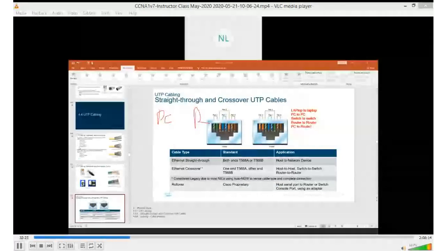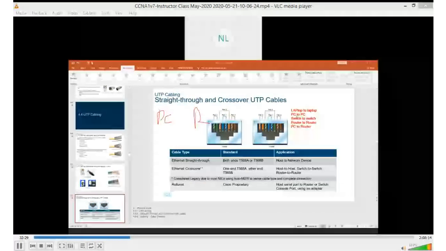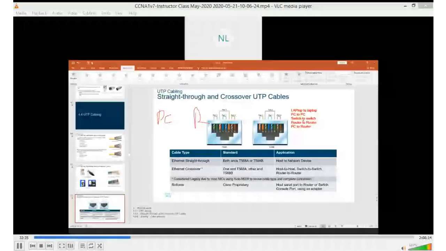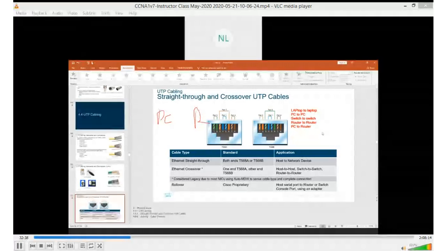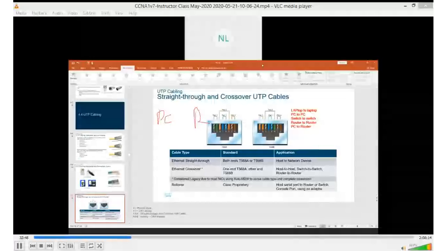But when you're connecting dissimilar devices, then you use a straight-through cable. Moving forward, I can see some questions coming in, but we'll sort out the questions later.